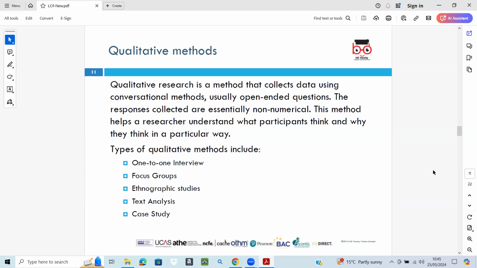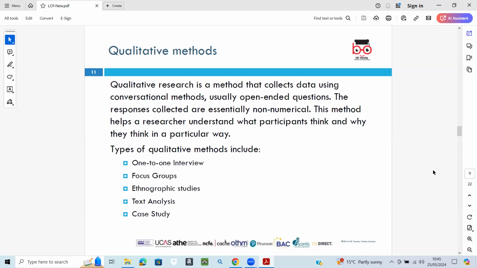And there are some types of qualitative methods. We have one-to-one interviews. In one-to-one interviews, the researcher engages with the participant individually, asking open-ended questions to gather insight into their thoughts, feelings, and experiences. Then we have focus groups.